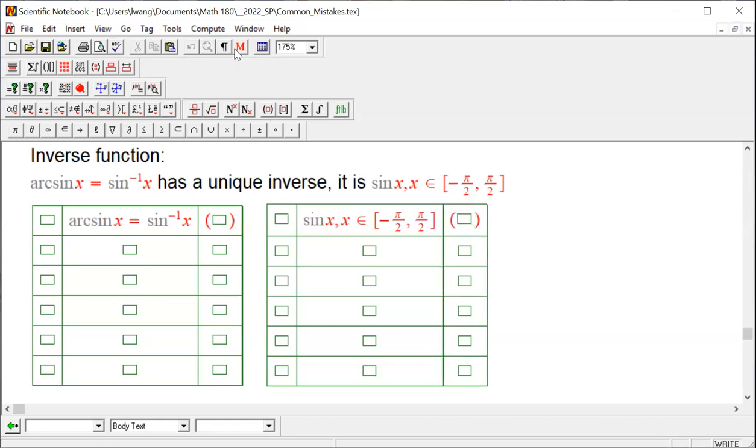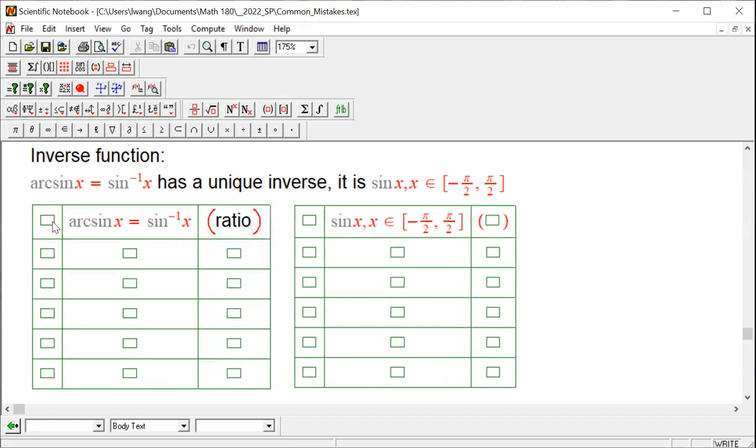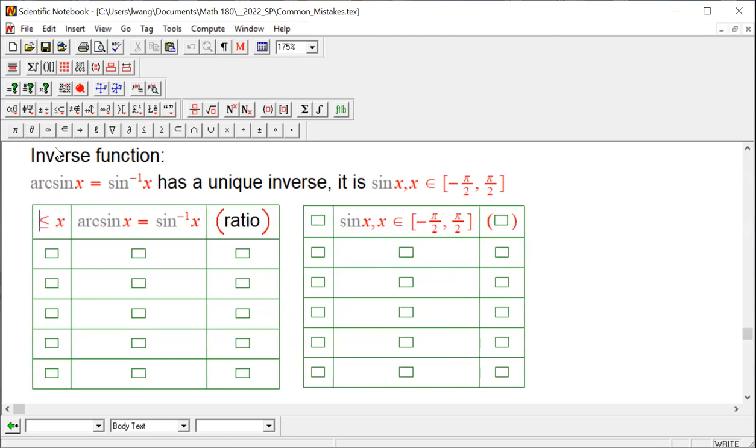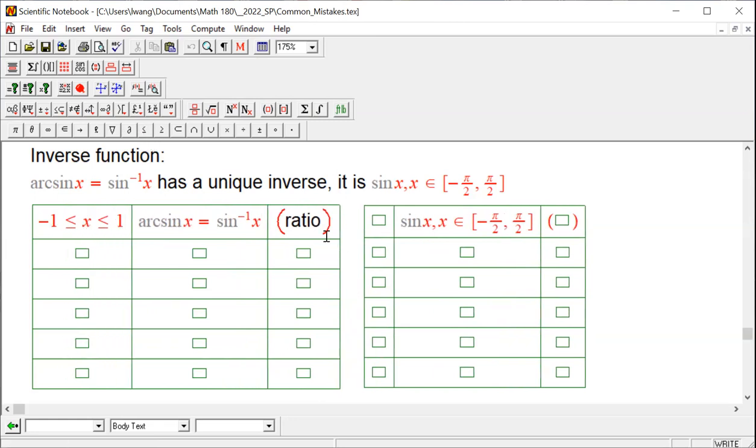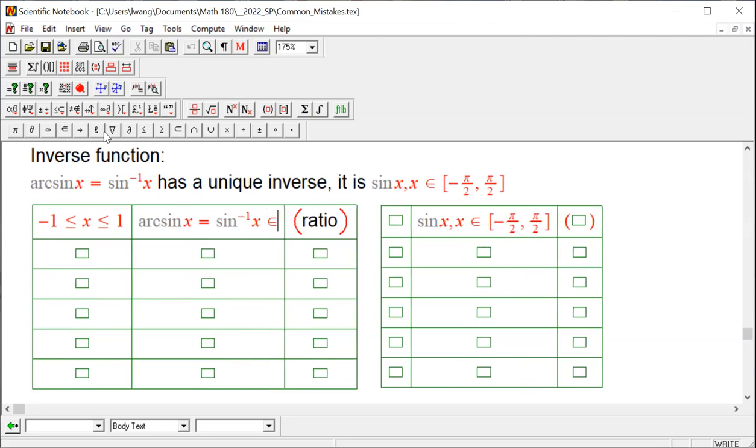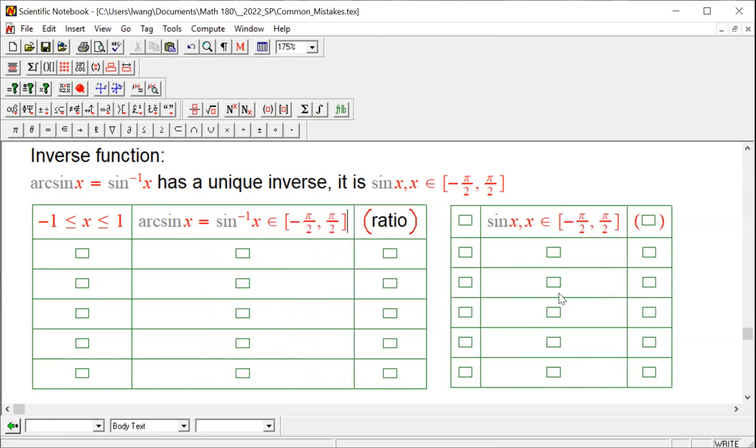The input for arc sine is a ratio. The ratio has to be between -1 and +1, and its output is going to be between -pi/2 and pi/2. So we have this all set up. But this function is a piece of sine, as we just explained.